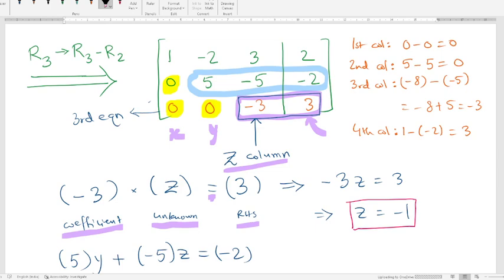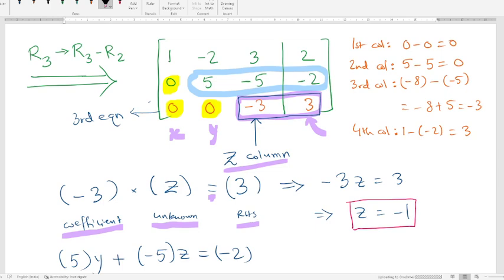In this upper triangular augmented matrix, the last row has just one element on the left hand side of the line, which is the z column, and one number on the right of the straight line, which is the constant term.